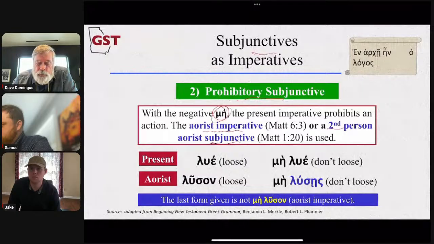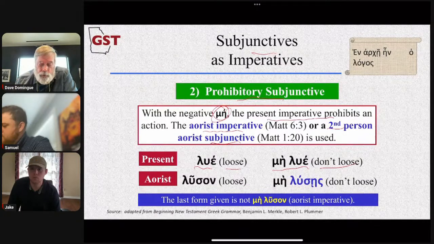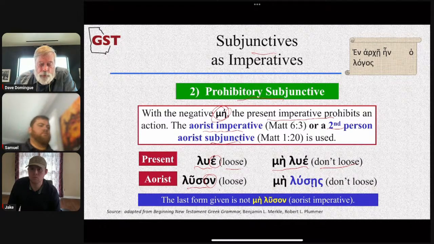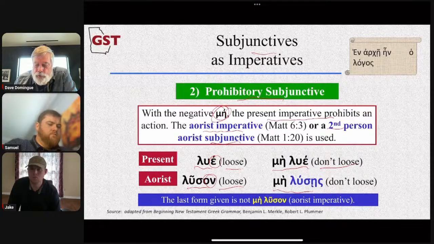So the mē is going to be used with the present imperative, and it prohibits various actions. Lue, mē lue, don't loose. Pretty straightforward. The aorist, lusōn. Here's our first person singular, lue, mē lue, don't loose. And the last form given, mē lusēs, is the aorist imperative.